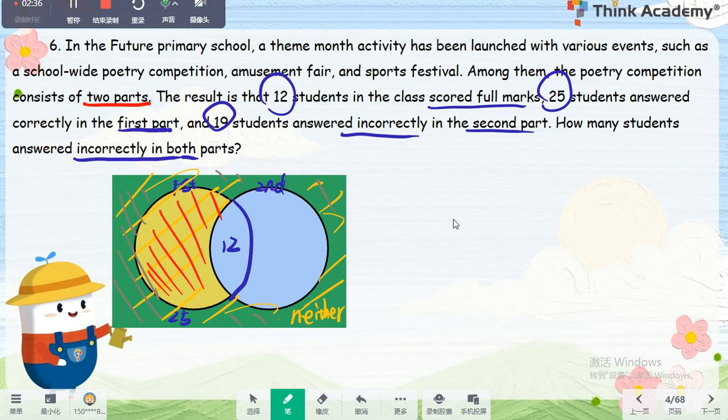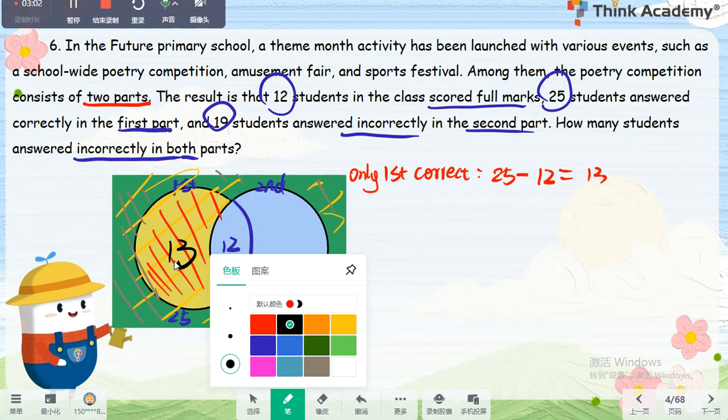If you use the Venn diagram to solve this question, it will be super easy. Because the students who got only the first one correct, that should be 25, all the students who got the first part correctly, minus the students who got both correctly, it is 13.